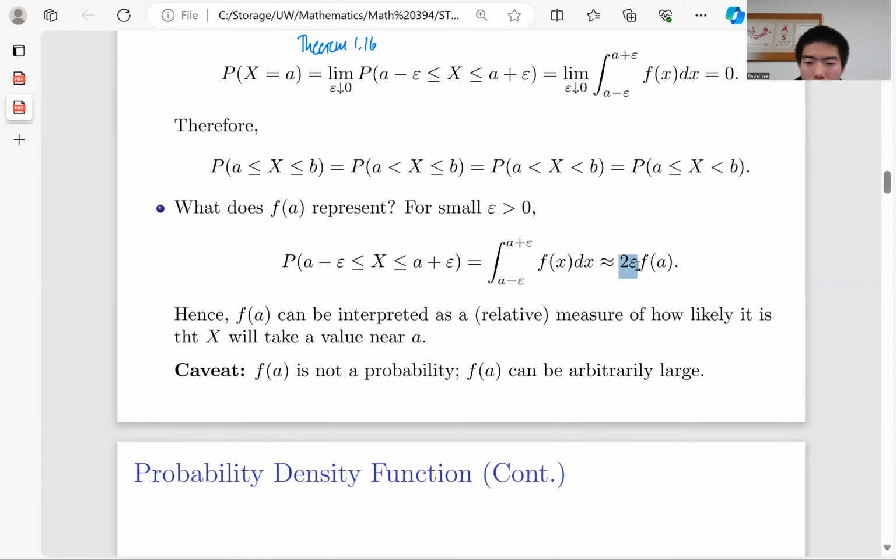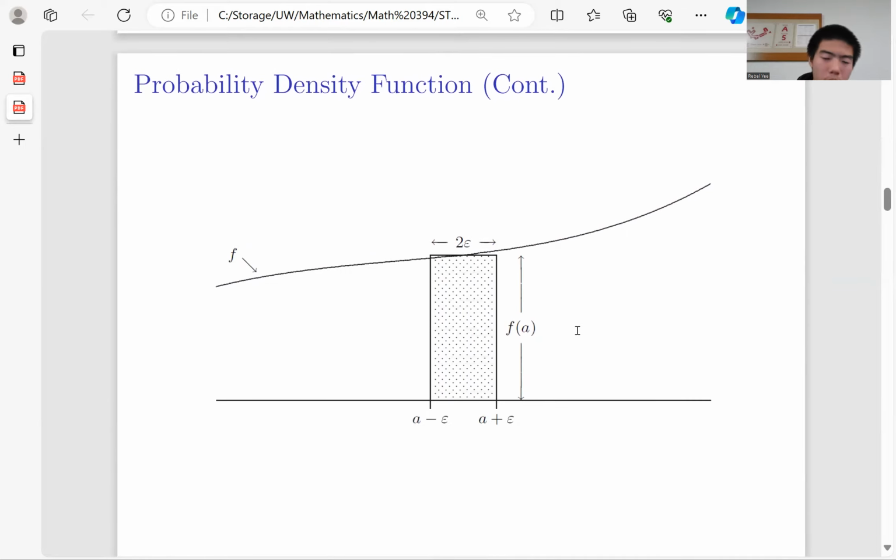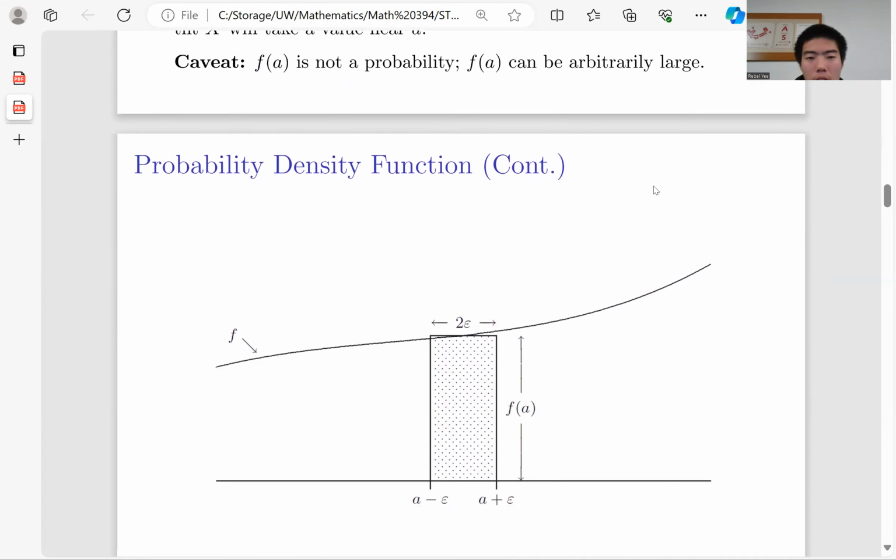Since epsilon is fixed and the same, the probability that x and its close neighbors happen is proportional to f(a), the height of the PDF.